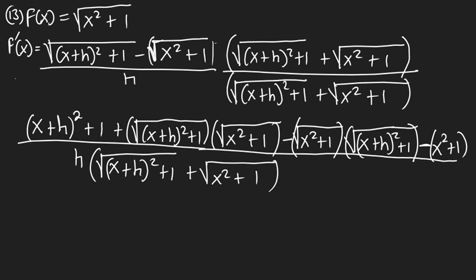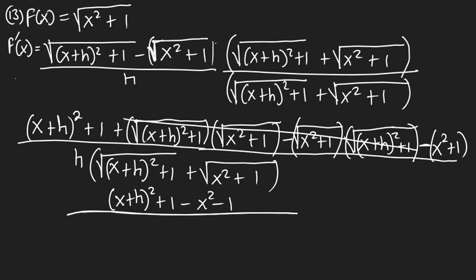Notice that this is a 0. The entire of this is going to be 0. So you are going to remain with x plus h to the power 2 plus 1 minus x to the power 2 minus 1. Okay, like that.